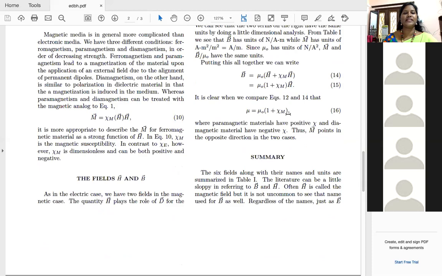These are the basic relations which we must know before deriving the relationship between E, B, D, and H.